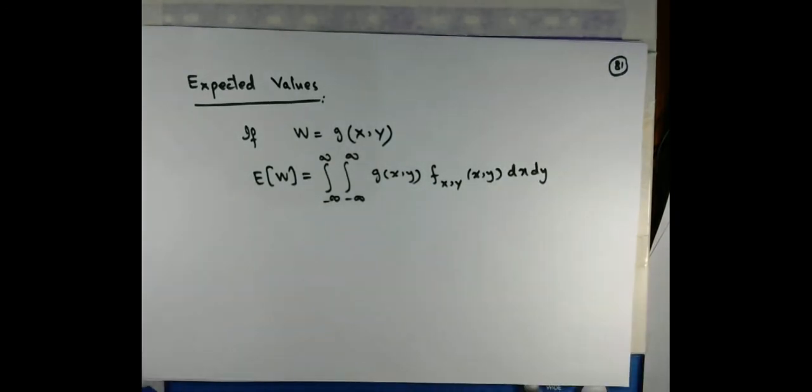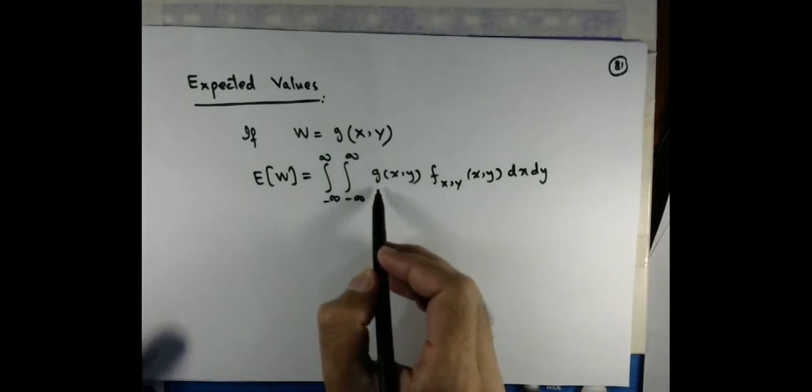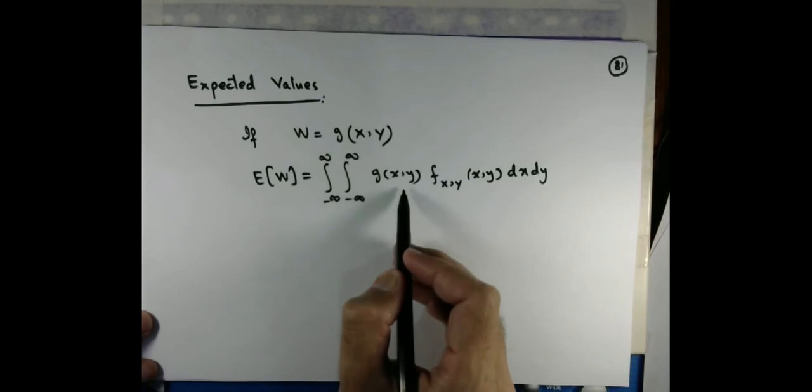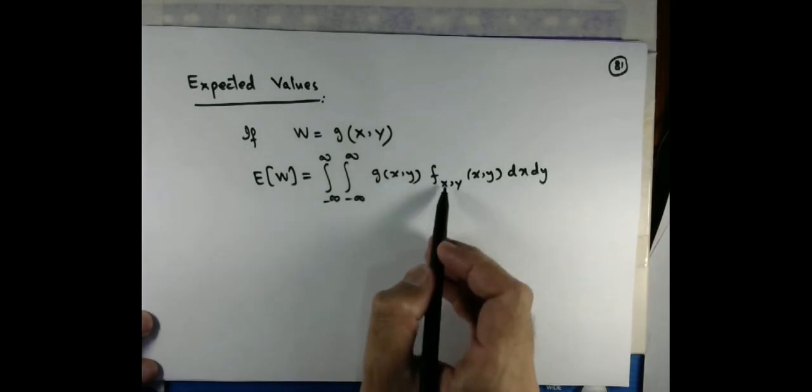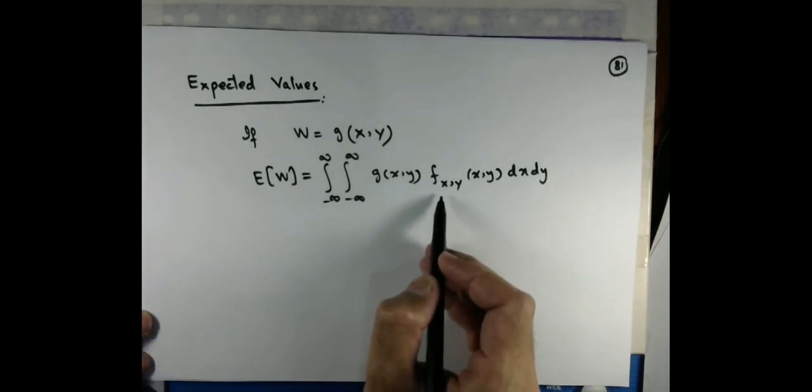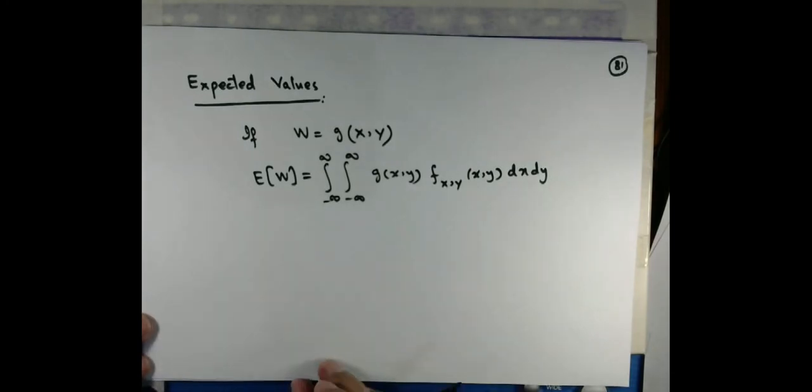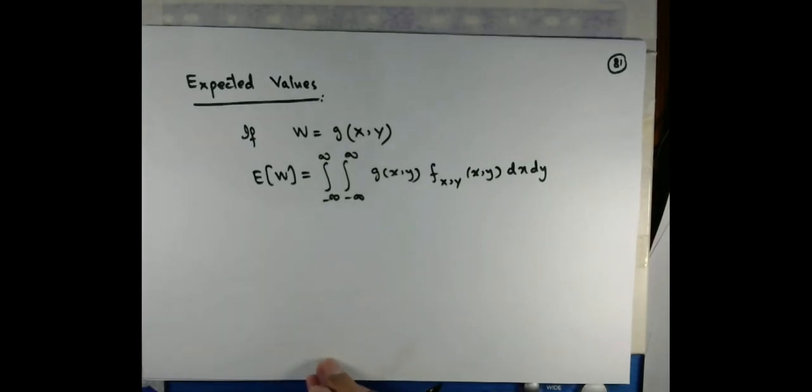So the formula is basically the same, except that now the single variable function is turned into a function of two random variables, and obviously then you'll utilize the joint PDF to find this expectation.